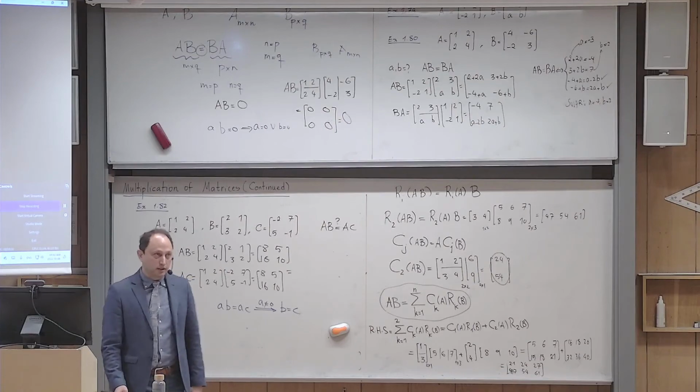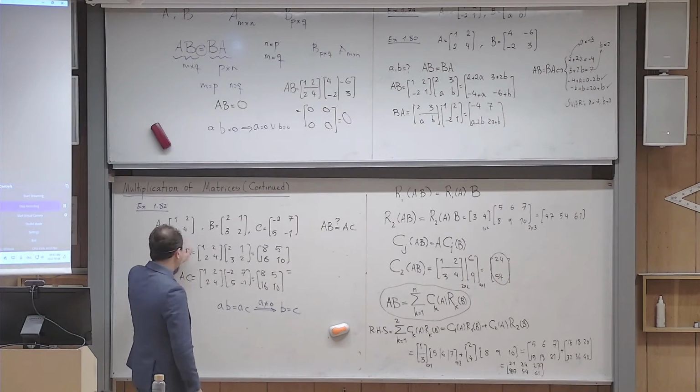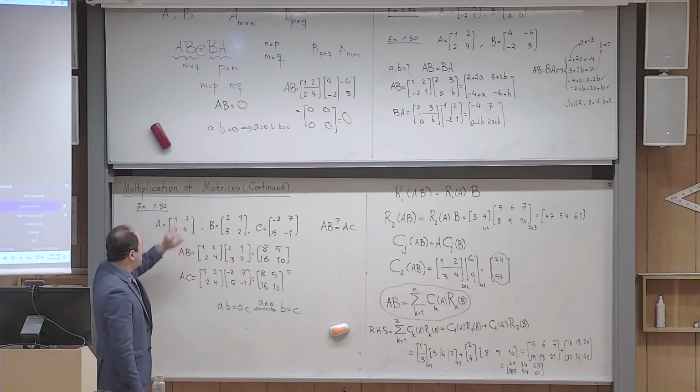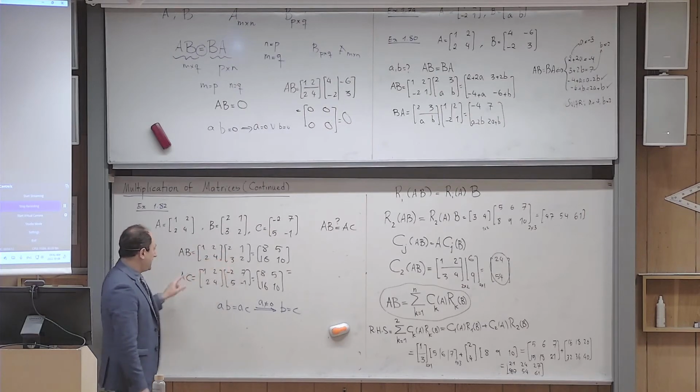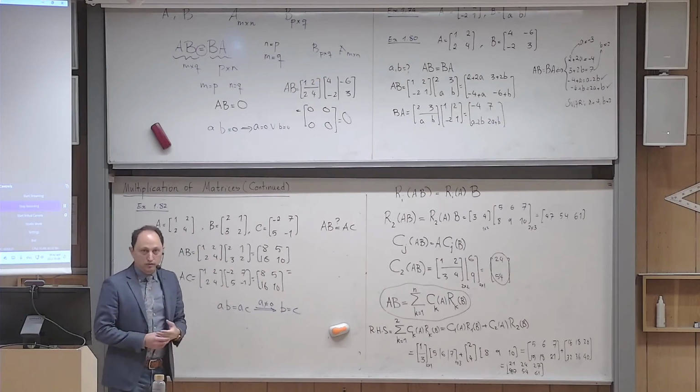This is different in matrix algebra, as you see in this example. I have given you three matrices, and I have respected that this matrix is not the 0 matrix. Not even one single entry is zero there. And at the end, AB and AC are the same matrices without B and C being equal.